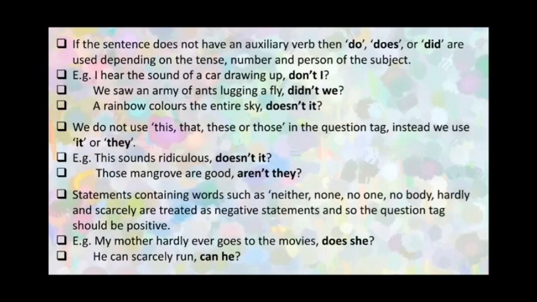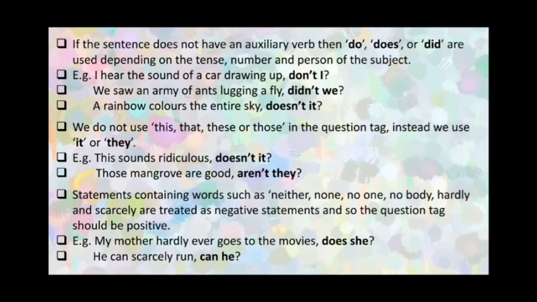Next, if the sentence does not have an auxiliary verb, that is a helping verb, then do, does or did are used depending on the type of sentence, the number and the person of the subject.